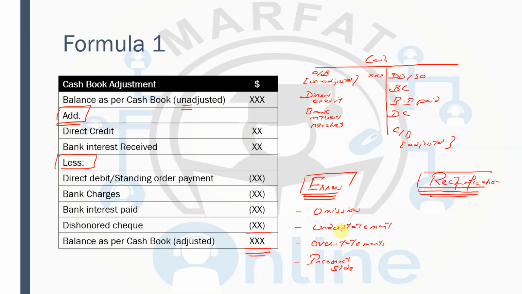Understatement is you recorded less amounts. So the rectification of the omission is just record it. Understatement is record the difference on the correct side.